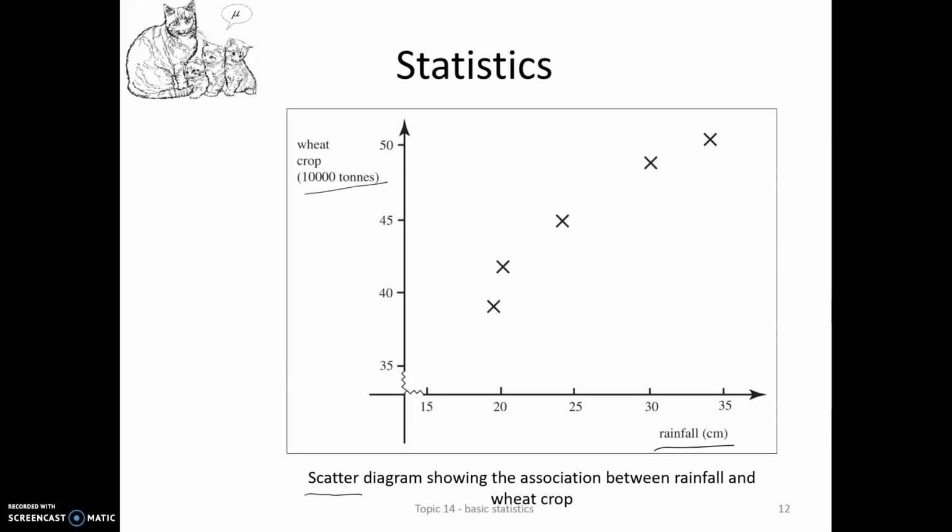And you probably already know that there is a relationship between the amount of rain and the crop. For example, if there was absolutely no rain, you might not get any crop, and if there was too much rain, you also might not get any crop either. But generally, in between those two extremes, we could say, yes, there is some sort of relationship in there.